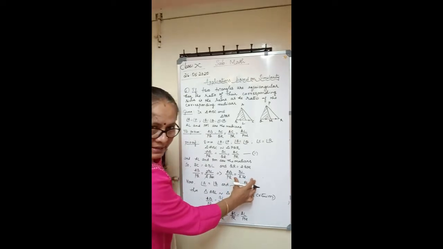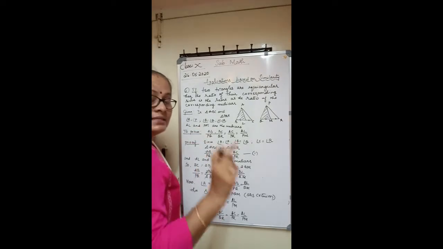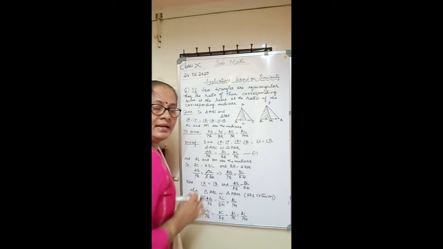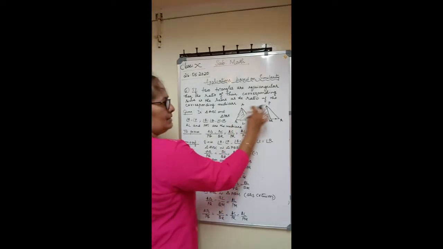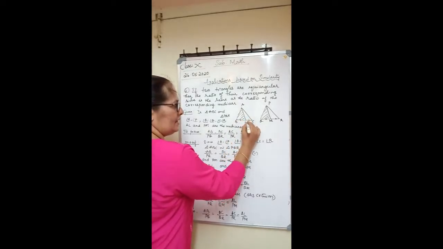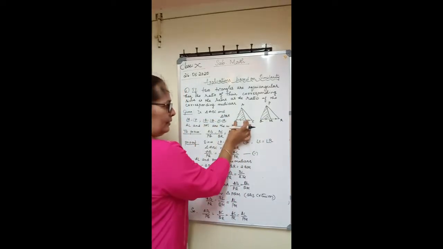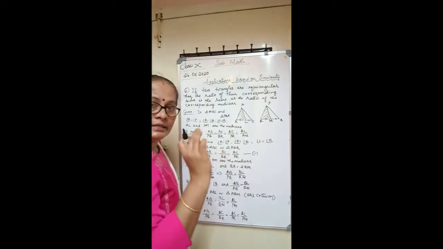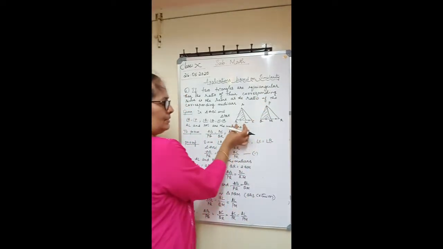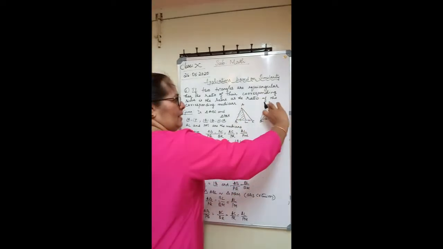You proved that here, and it is given that angle B equals angle Q. So by the SAS criterion, these two triangles are similar. Triangle ABL is similar to triangle PQM. When the two triangles are similar, then their corresponding sides are again proportional. So AB by PQ equals BL by QM, which is equal to AL by PM.